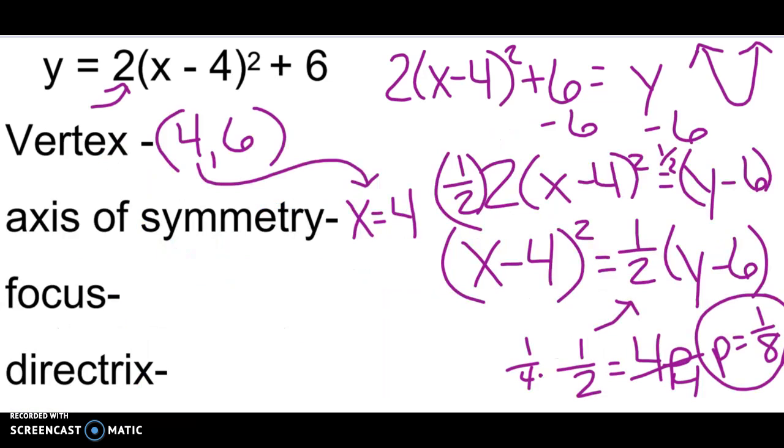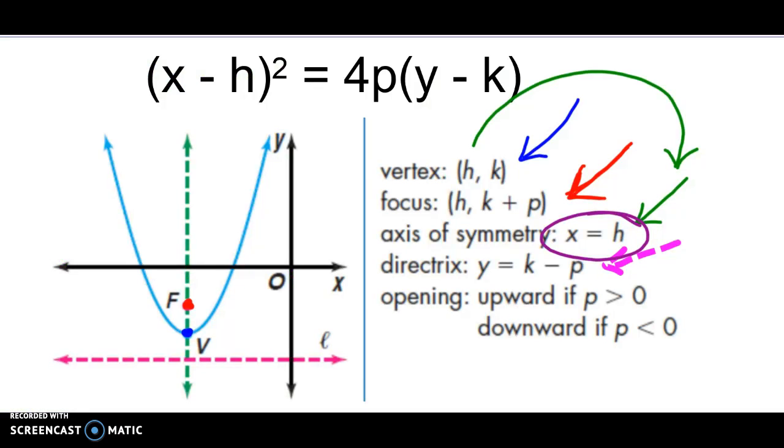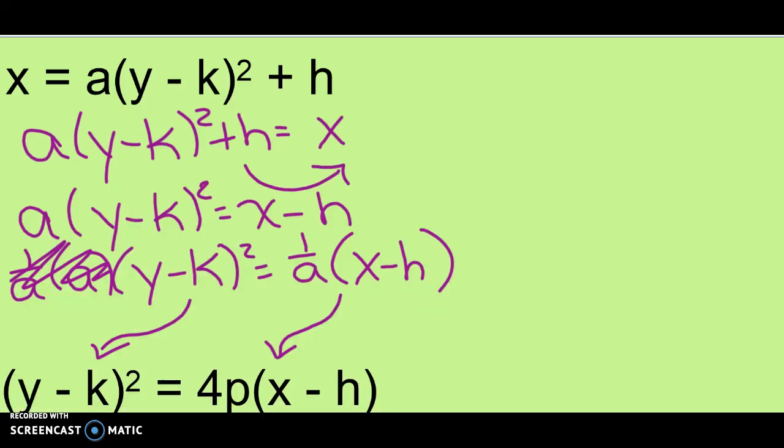All right. Our focus is going to be at h, and then k plus p. Go back and make sure that the formula that we did is correct. So the focus is at h and k plus p.